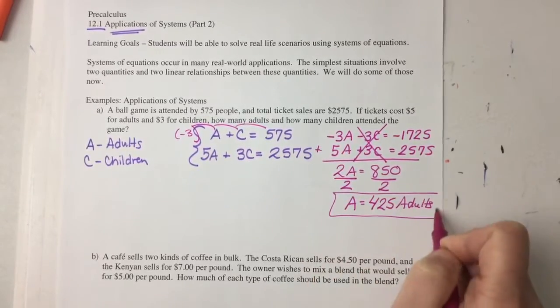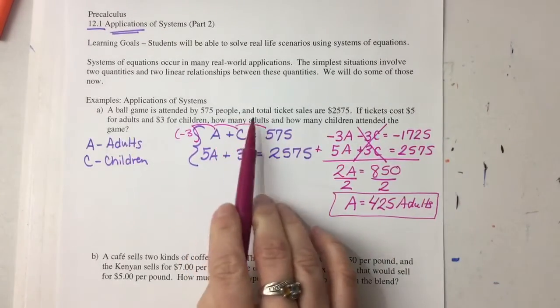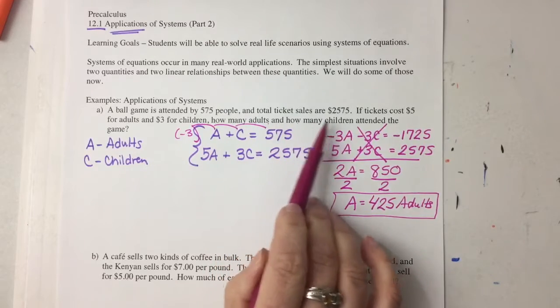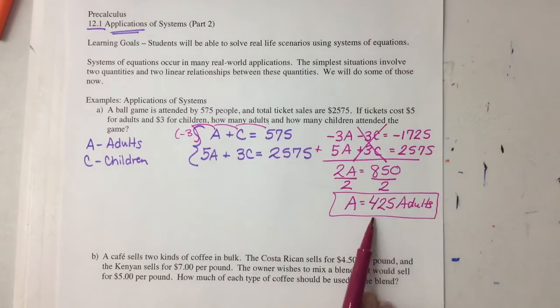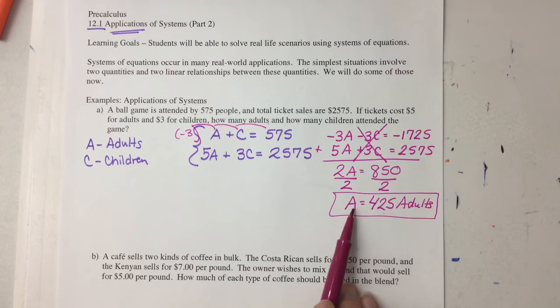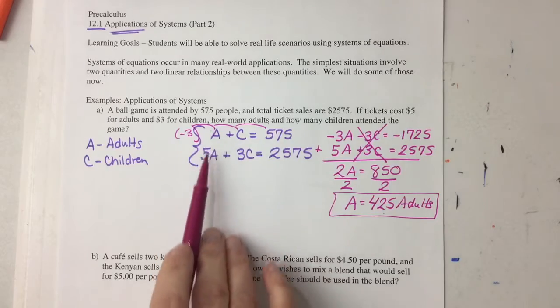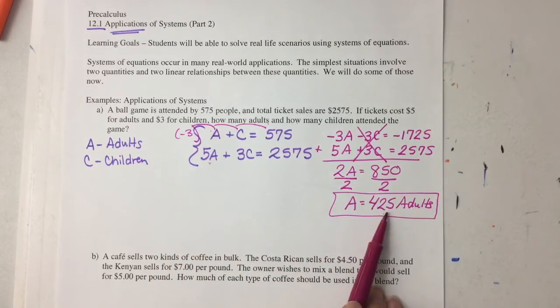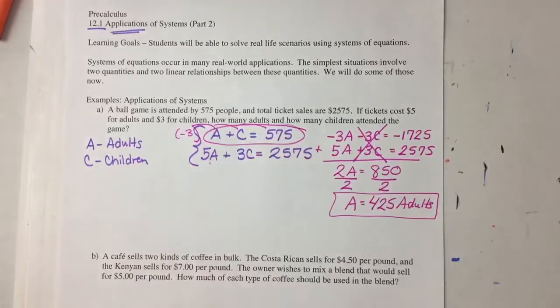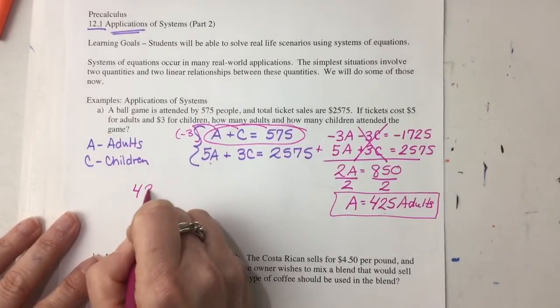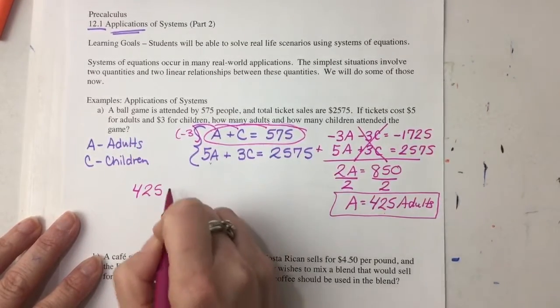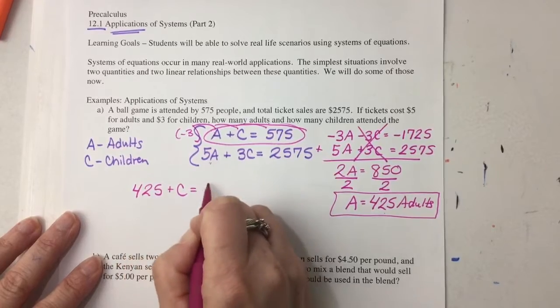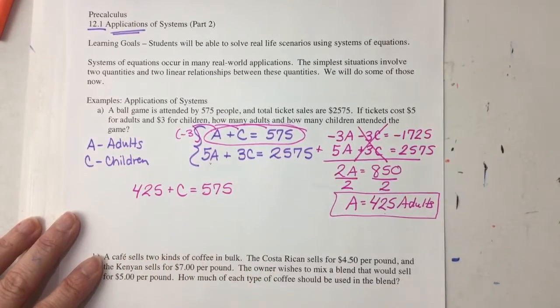Okay, but that doesn't answer the full question. It says how many adults and how many children attended the event. So I have to go ahead and define the number of children that attended, change A in one of the two equations to 425 and solve for C. I'm going to use the top equation. So A, we already know, is 425, plus the number of children has to equal 575.